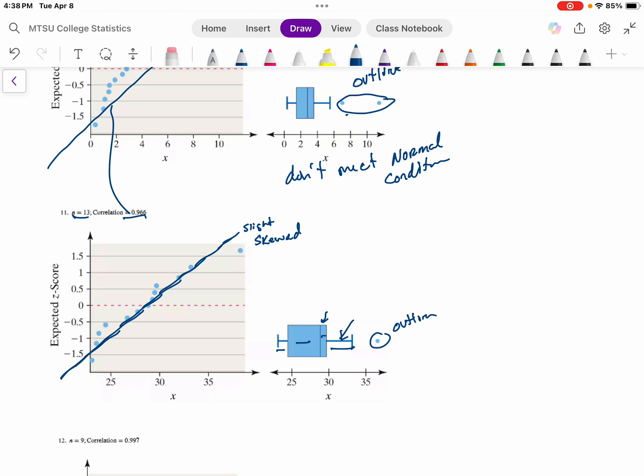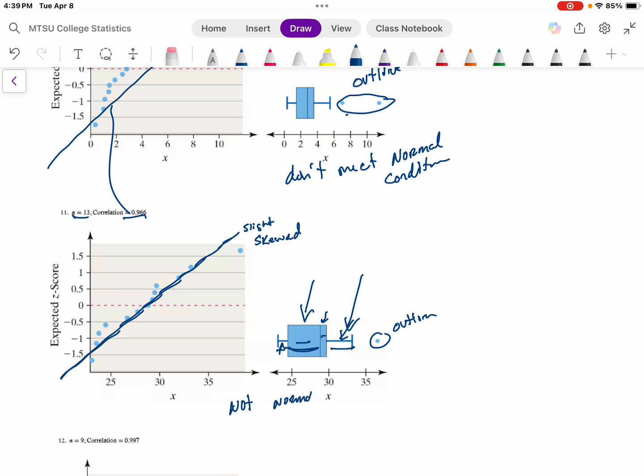There's not a big gap here, and then there's a big spread here. So it's hard to say whether this is skewed left or skewed right, because this part and that part contradict each other. With that in mind, I'm going to say no, not normal.